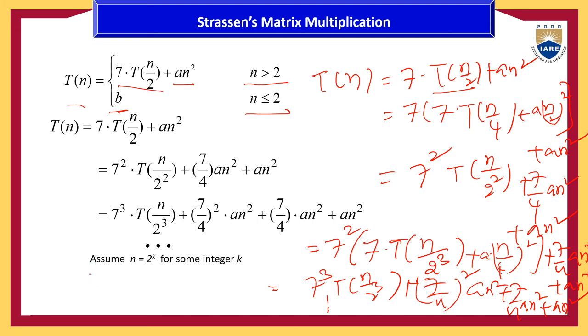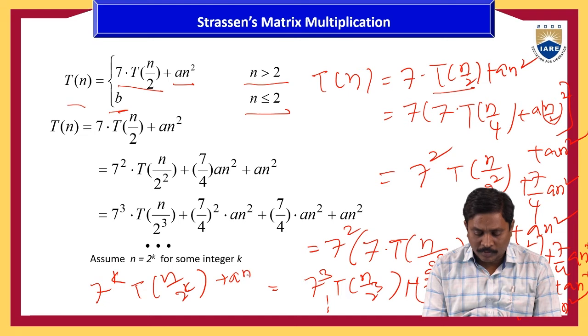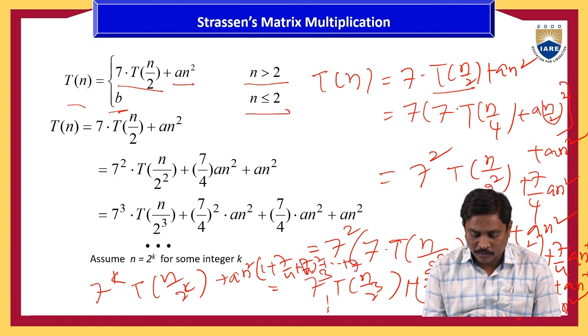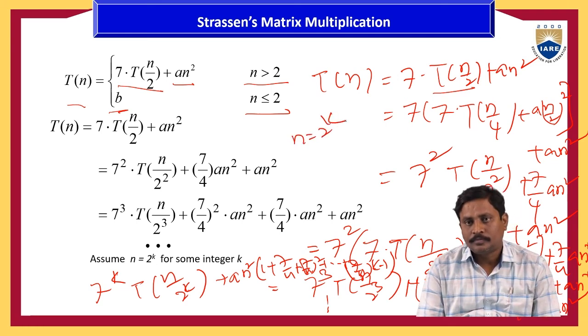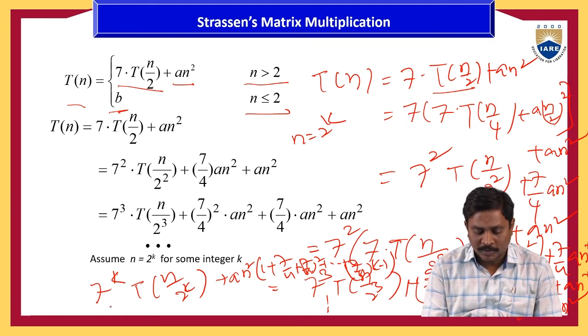We get 7 power k into T of n by 2 power k, plus a n square taken as common, times 1 plus 7 by 4 plus (7 by 4) whole square and so on up to (7 by 4) whole power k minus 1. Now we choose n equal to 2 power k. Now n equal to 2 power k means k equals log n base 2.